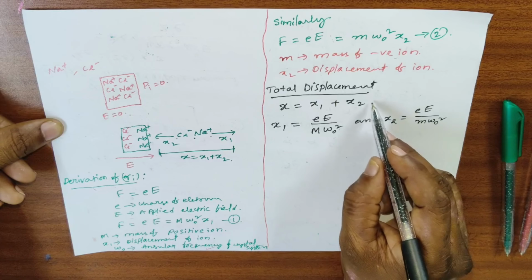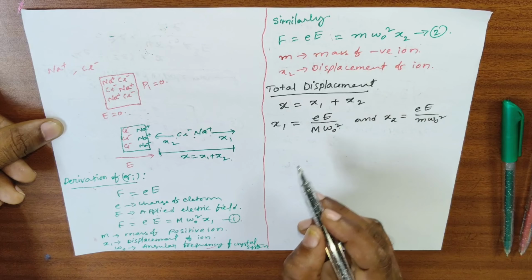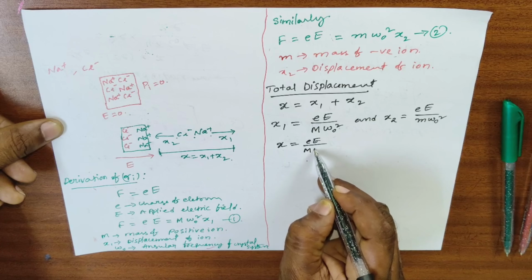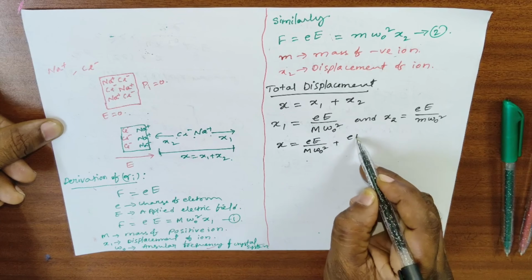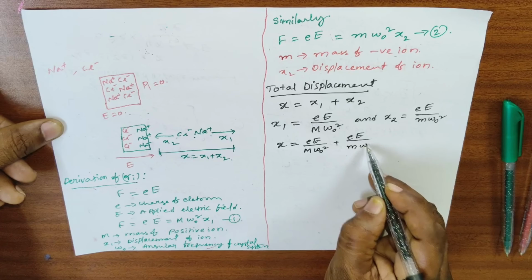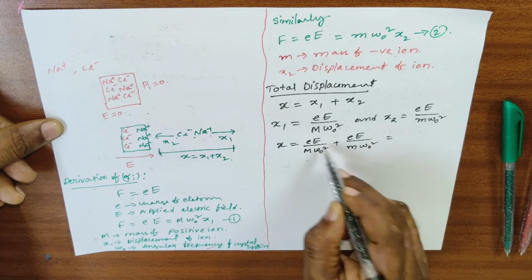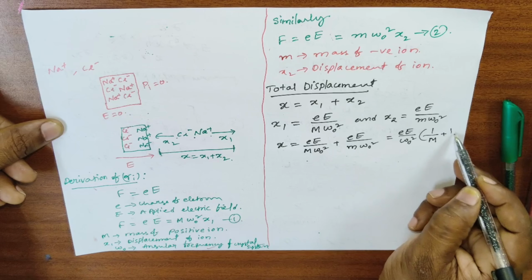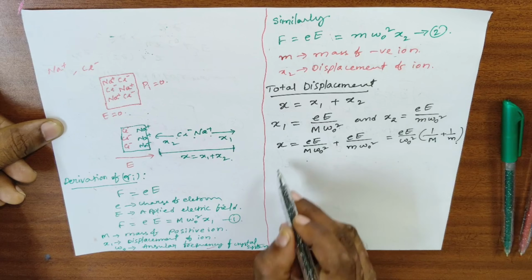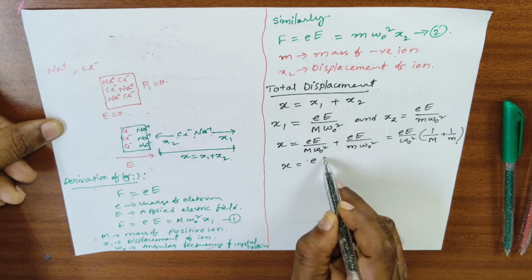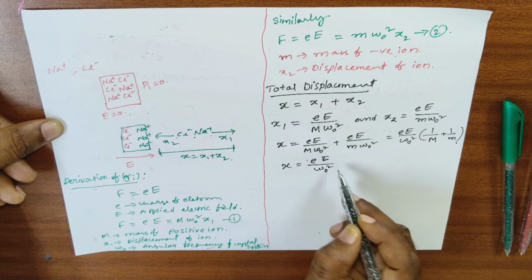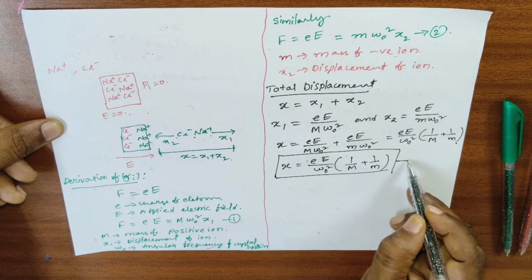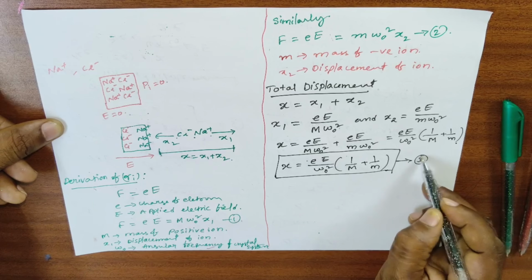Placing these values in the above equation, we get x equal to e capital E divided by capital M omega naught square plus e capital E divided by small m omega naught square. Taking e capital E by omega naught square common, we get 1 by capital M plus 1 by small m. So x is equal to e capital E divided by omega naught square times 1 by capital M plus 1 by small m. This is the total displacement of the ions. This is equation number 3.